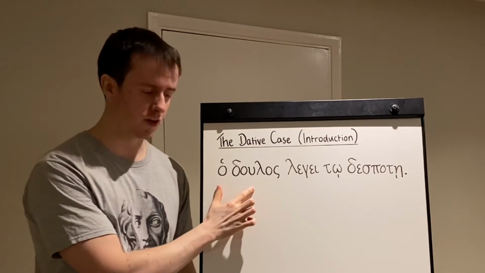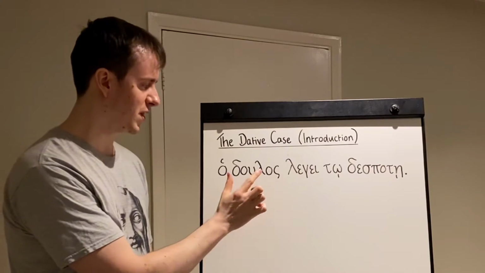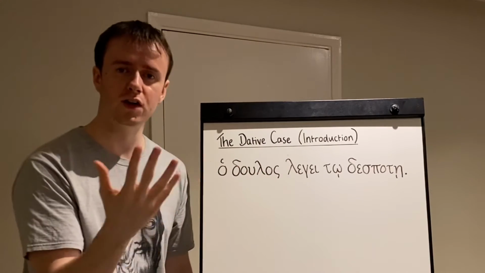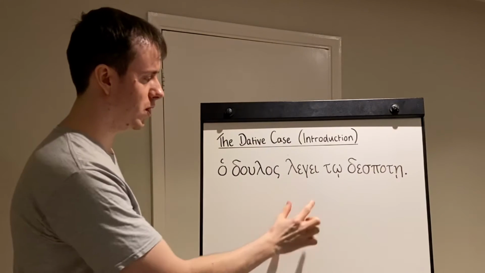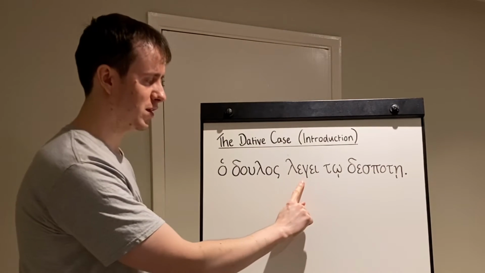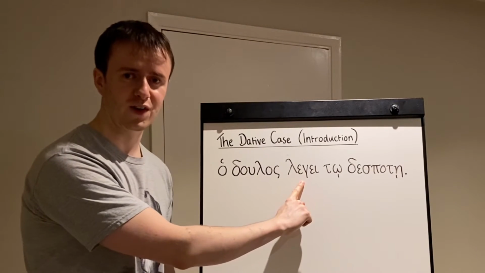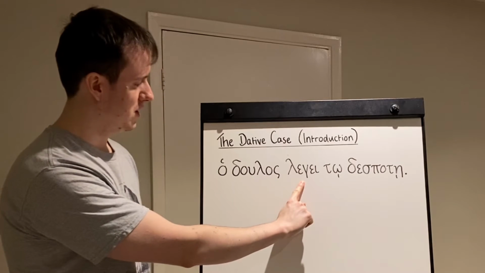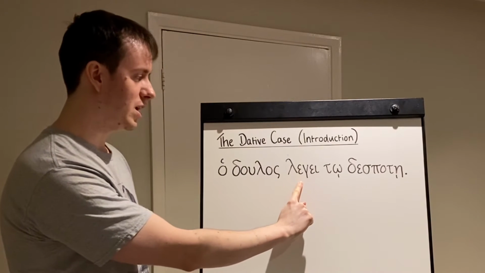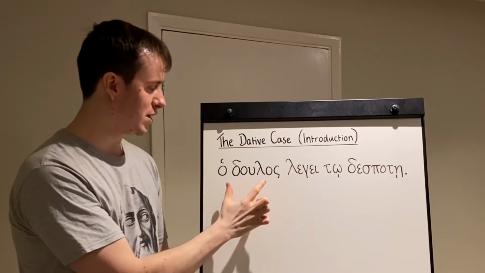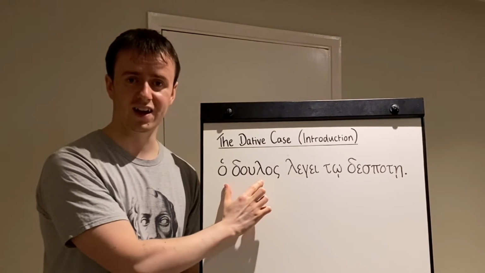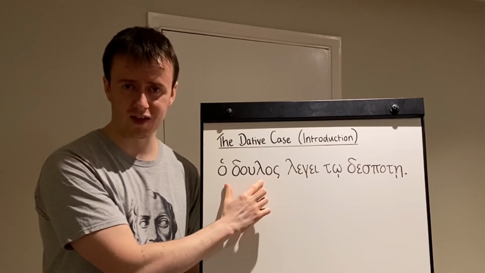This phrase being in the nominative is what lets us know that the slave is the subject. He's the one doing the action. Then we've got legei. That's the third person singular, present indicative active of legō. So we know legei means he, she, it speaks. And we've got a subject, so we know who exactly is doing the speaking, namely the slave.